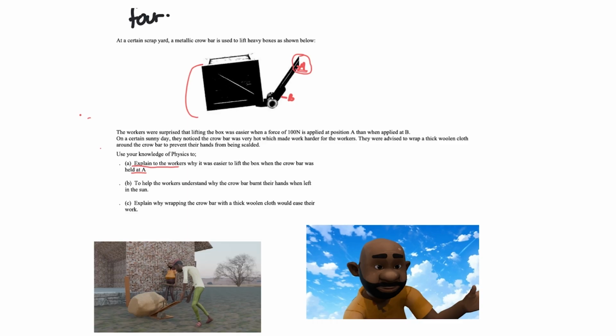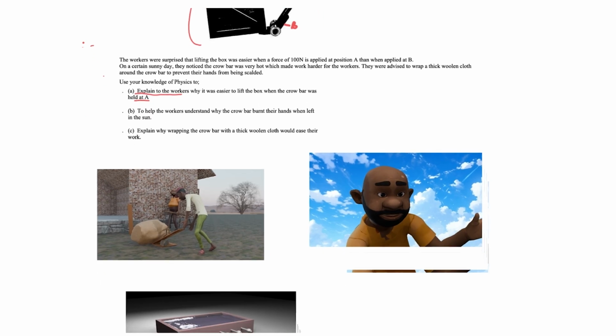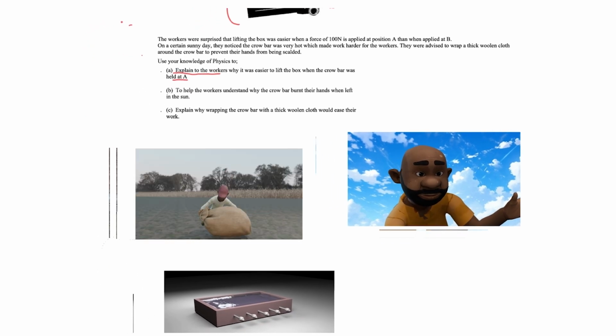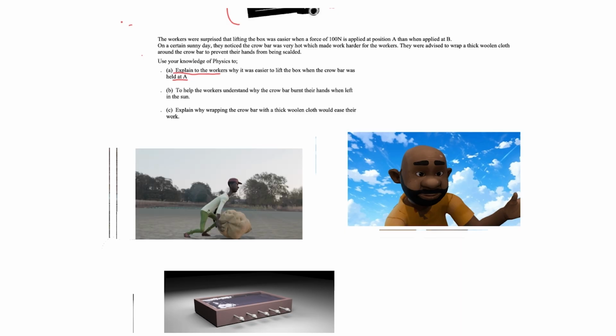Okay, to clearly understand this, let us watch Mr. Sally as he tries to push a sack of maize from one position to another. This is Mr. Sally. See how he is suffering with the bag.